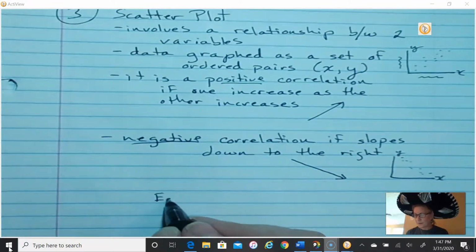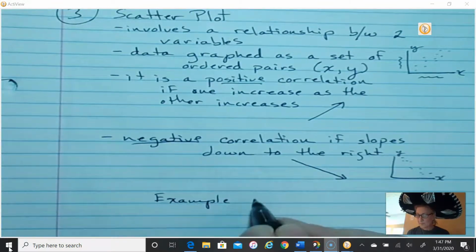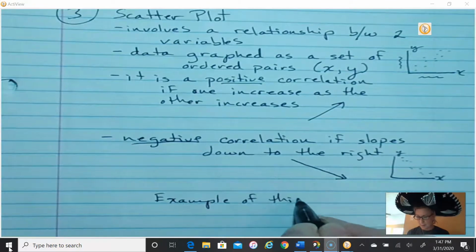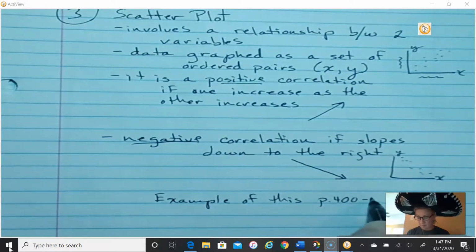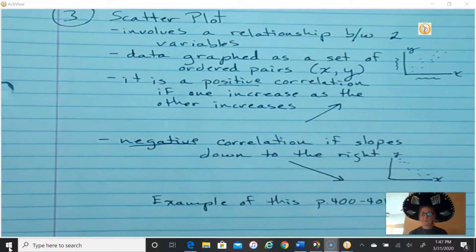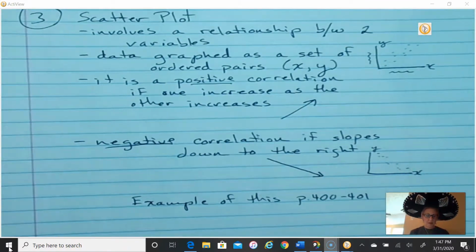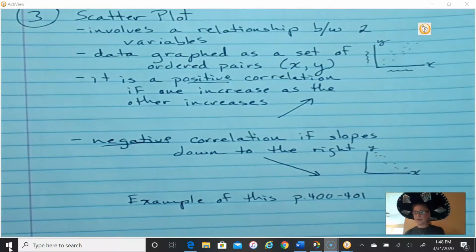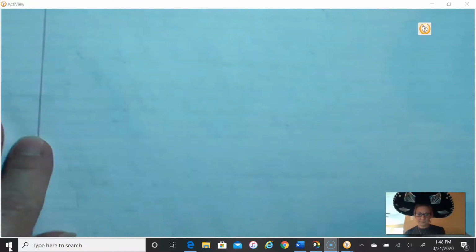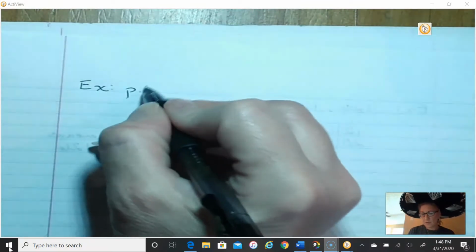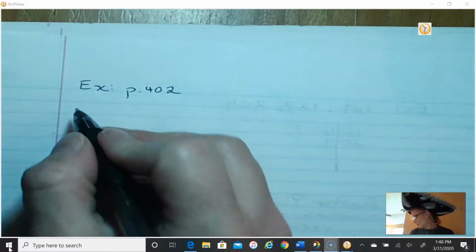An example of this, on page 401. Oops. Okay. Let's do some examples. Page 402.